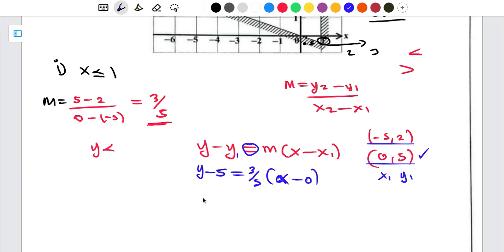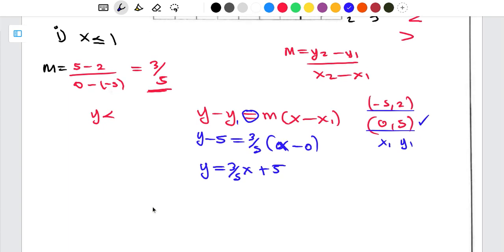Then when I do the computation, I'm going to have y, which is going to be equal to, so you just need to take this one to the other side. Then when I multiply here, this is what I'm going to have, then plus 5 when this one goes to the other side. But remember, we have to write this equation in the form of an inequality. Which symbol are we going to use? We're going to use this one. So you just have to say y is less than 3 over 5 x plus 5. Then from there, you are done answering this inequality.